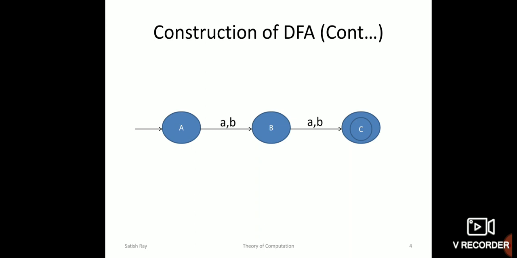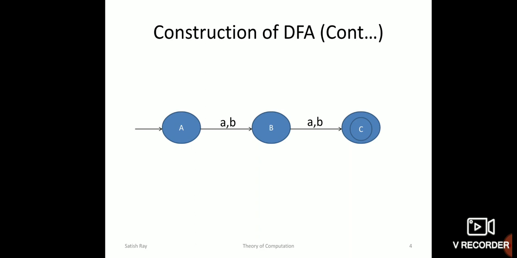Now we will check for the second input string, that is AB. From state A, on input small a, the next state will be B. From state B, on input small b, the next state will be C, and C is a final state. So the second string is also accepted.